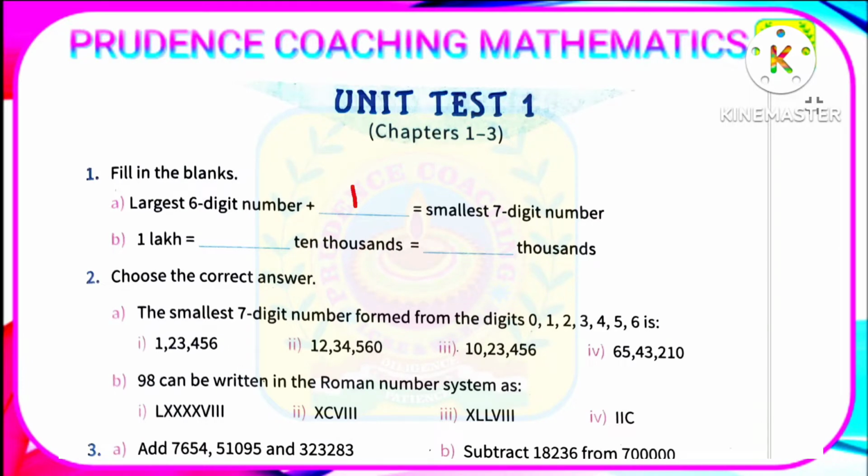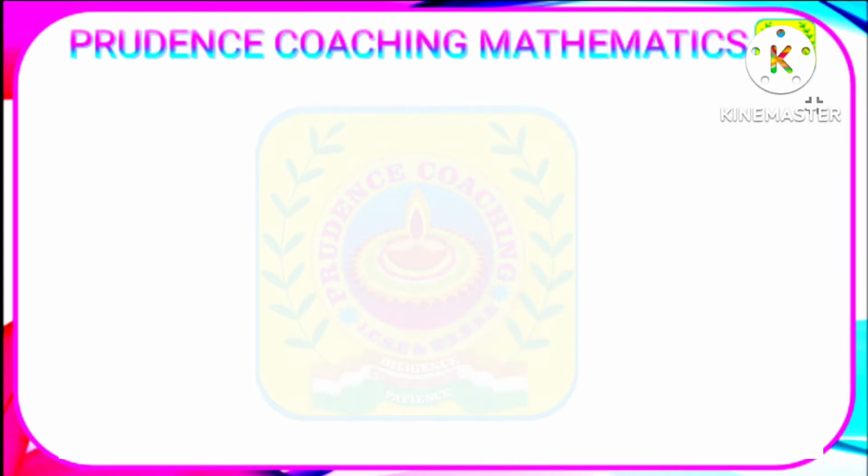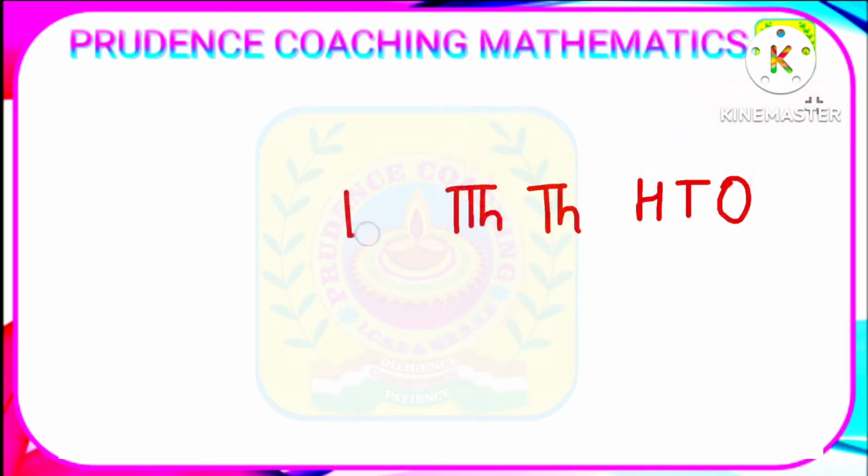Next we have: 1 lakh equals dash 10,000s equals dash thousands. Easiest method to solve the sums. In the Indian place value system, we have ones, then tens, then hundreds. Next we have 1000, next we have 10,000, and next lakh.